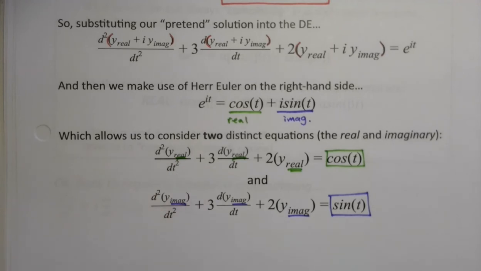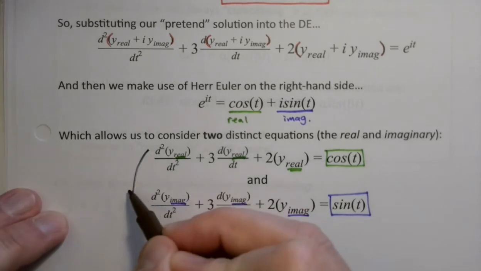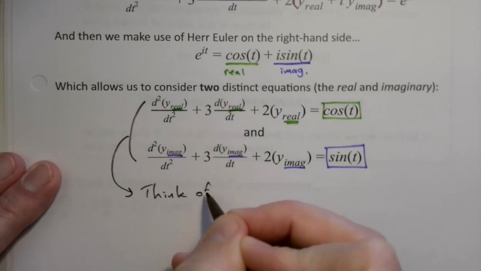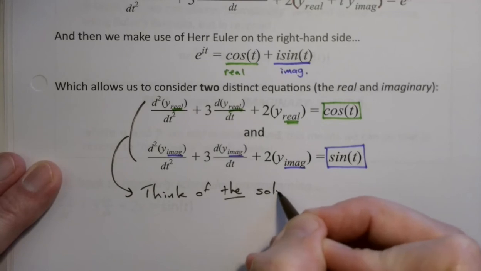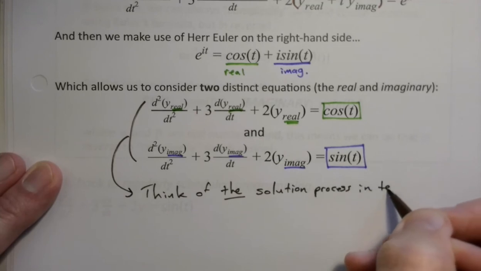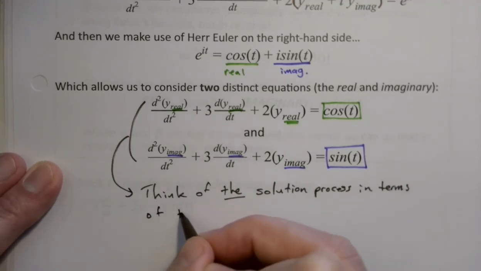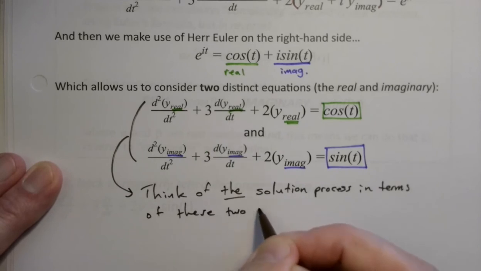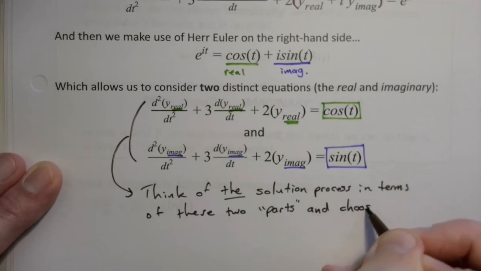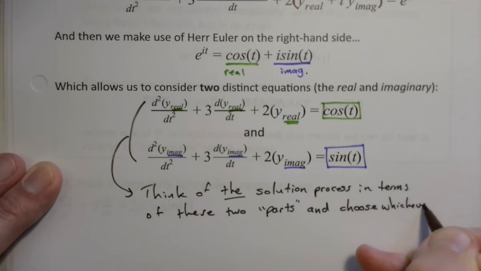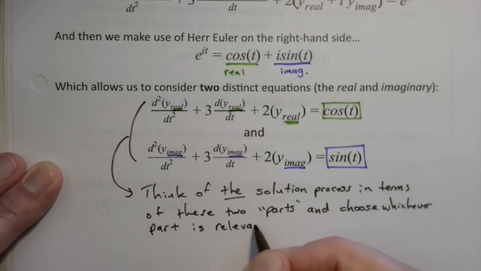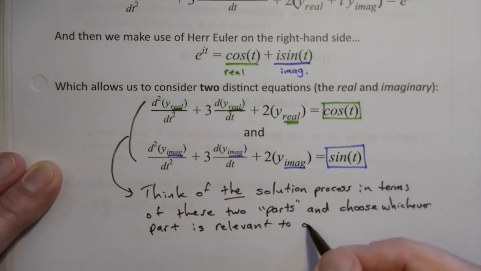I'm going to make a little note here and say we can think of the solution process in terms of these two parts, and choose whichever part is relevant to our particular situation.